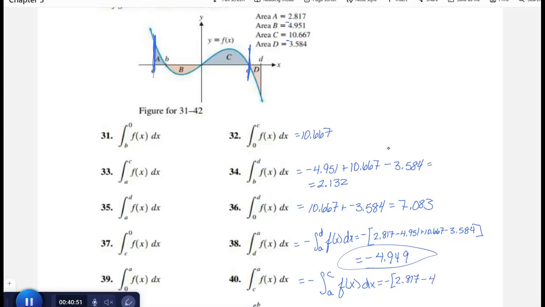Region B is a negative 4.951. Region C is 10.667. I ended up with a negative 8.533.